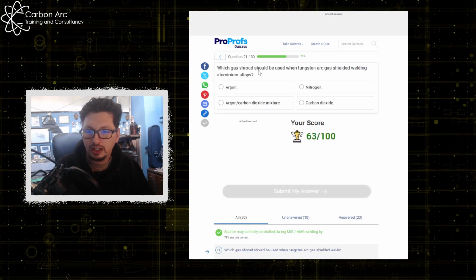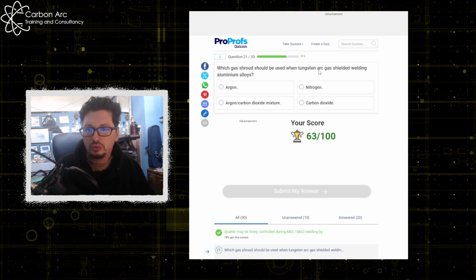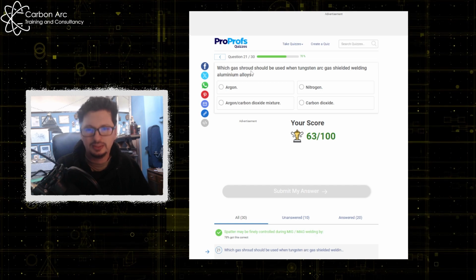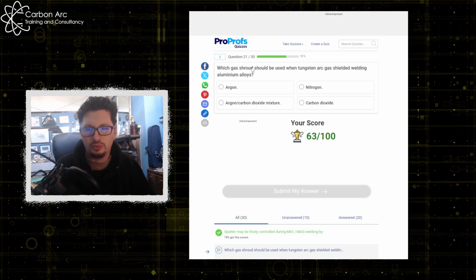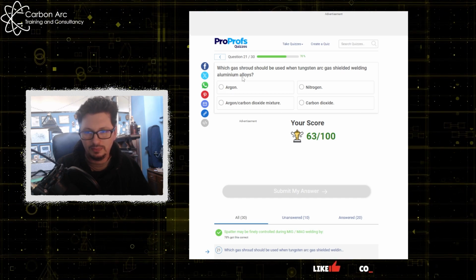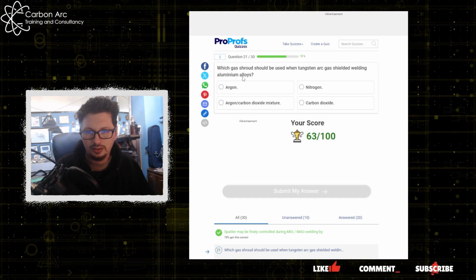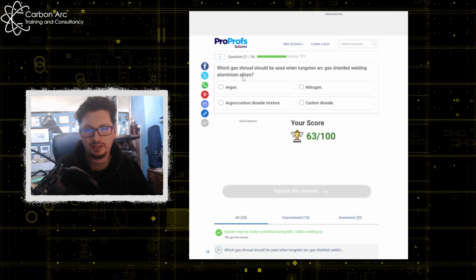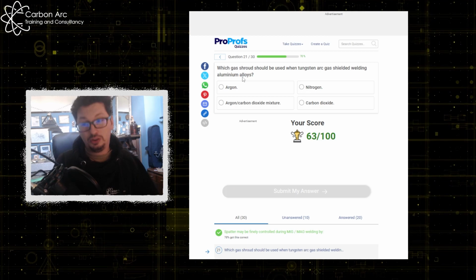Which gas shroud should be used when tungsten arc gas shielded welding aluminium alloys? So which gas should be used when we TIG weld aluminium?